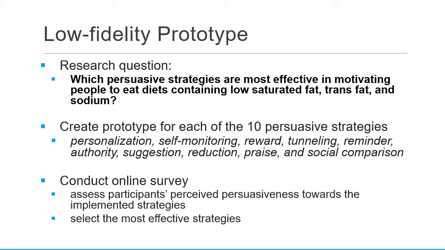The research question for the first study is to determine which persuasive strategies are most effective in motivating people to eat diets containing low saturated fats, trans fats, and sodium. To answer this question, we create a low-fidelity prototype for each of the 10 persuasive strategies, which are personalization, self-monitoring, reward, tunneling, reminder, authority, suggestion, reduction, praise, and social comparison.